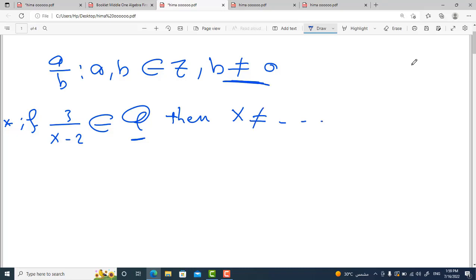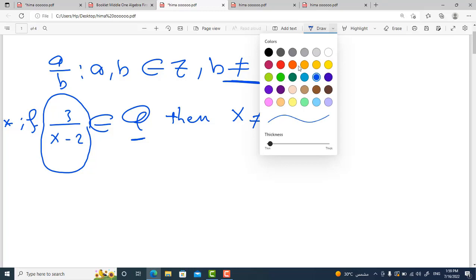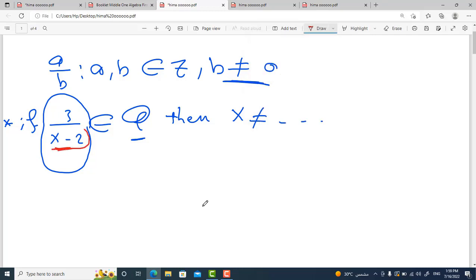Look at the denominator: it doesn't equal 0. So x minus 2 doesn't equal 0. As an equation, transpose to the other side with the opposite sign, so x doesn't equal 2. So my answer here is 2.